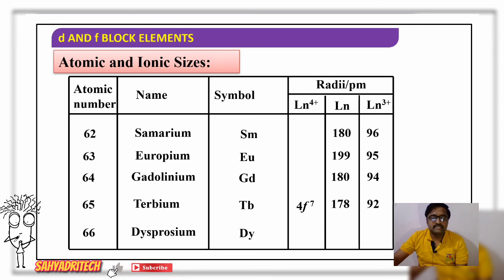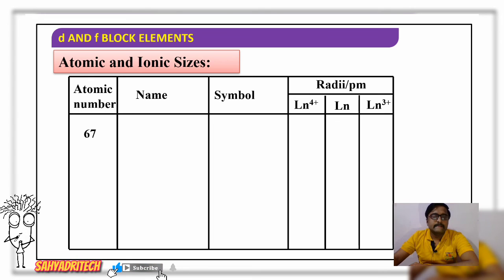Then 66, dysprosium, Dy is the symbol, 4f8 is the configuration. Atomic radius 177 picometer and ionic radius 91 picometer. Coming to 67, holmium, Ho is the symbol, 176 picometer and 91 picometer atomic and ionic radii.